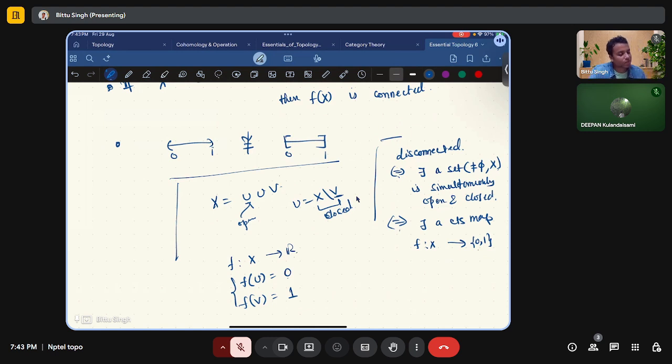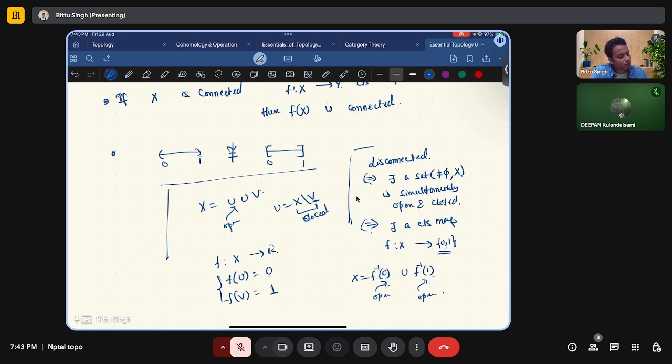This is a discrete topological space, right? Then continuity implies f inverse of 0 will be open, and X can be written as f inverse of 0 disjoint union f inverse of 1. And this is also open because of discreteness. So X can be broken into two portions which are disjoint and open. So disconnected implies those two.